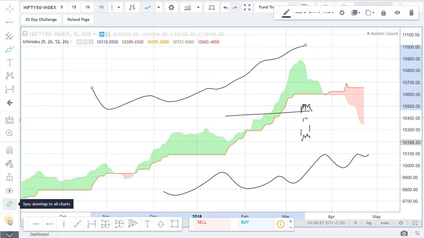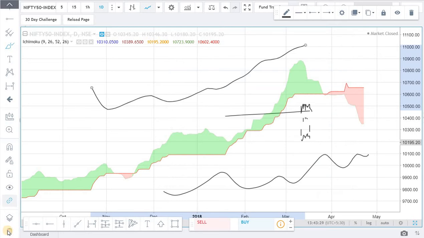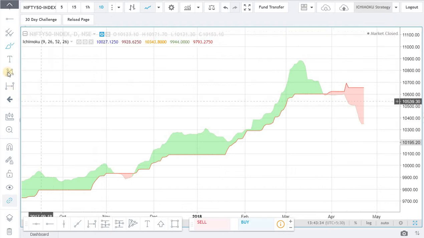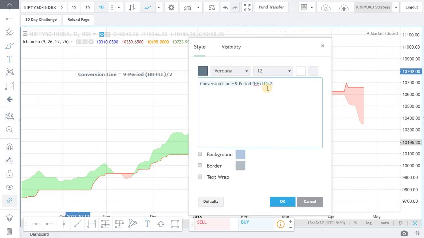So what did we actually just discuss here? Bullish zone: all buy signals are strong, all sell signals are weak.